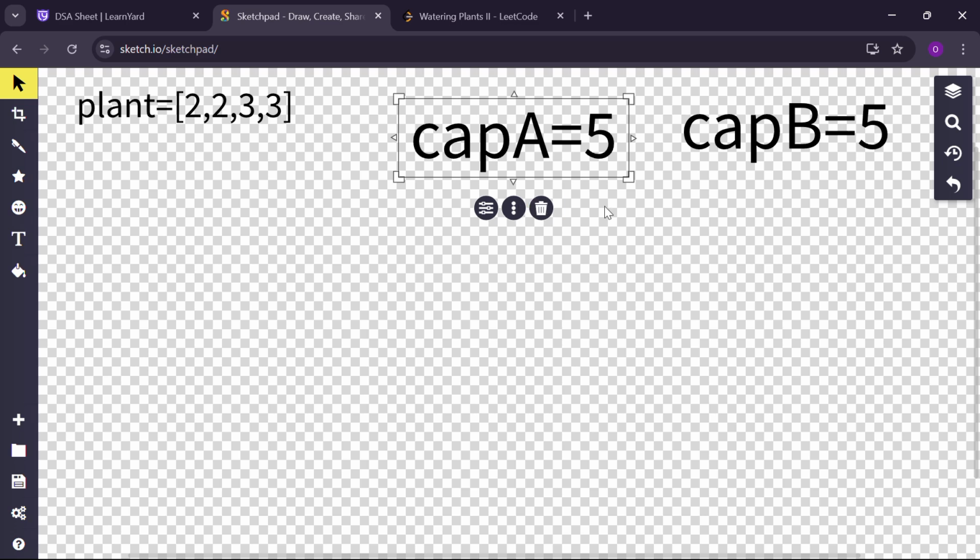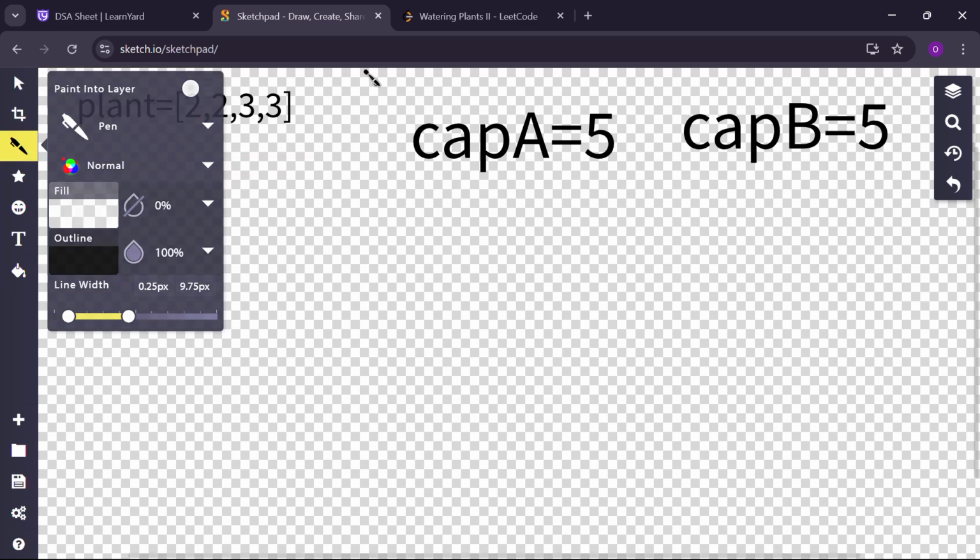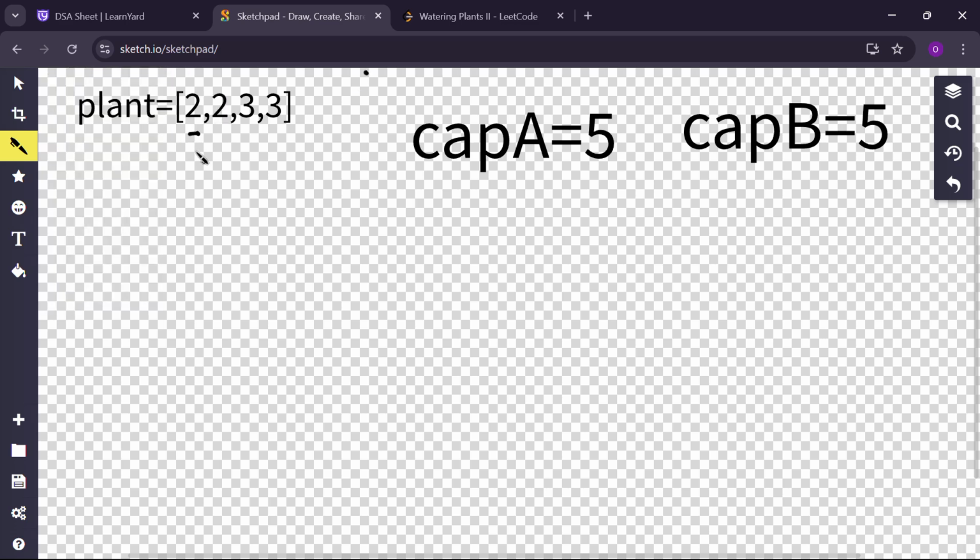Now we know one thing. Alice is starting from here, so let's call this L. And Bob is starting from the very last index. Let's call this H. Now we know the capacity of Alice is 5. So when Alice waters the first plant, the capacity becomes 5 minus 2.